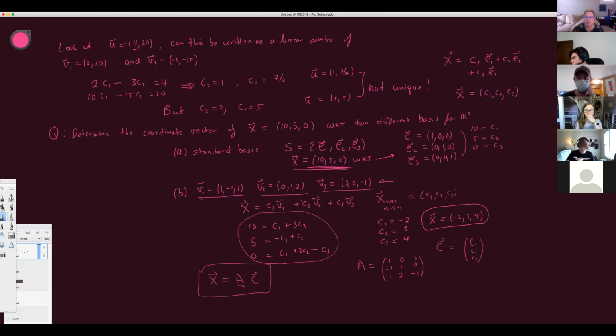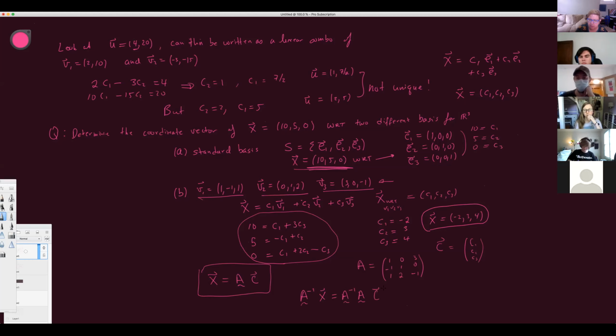Okay. Now, if you want to solve this, you would say, I'm going to apply the matrix inverse to x on this side, and the matrix inverse to this side as well. You have to do the same thing to both sides.